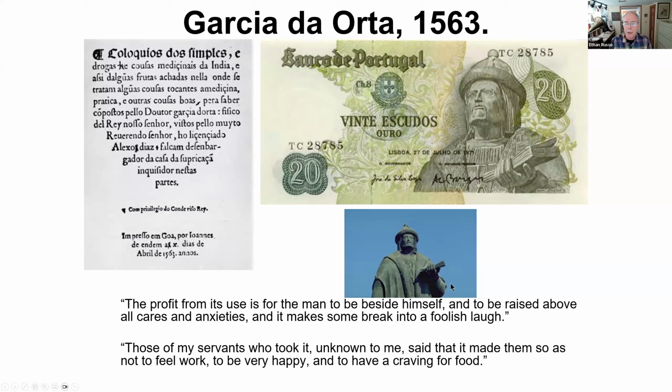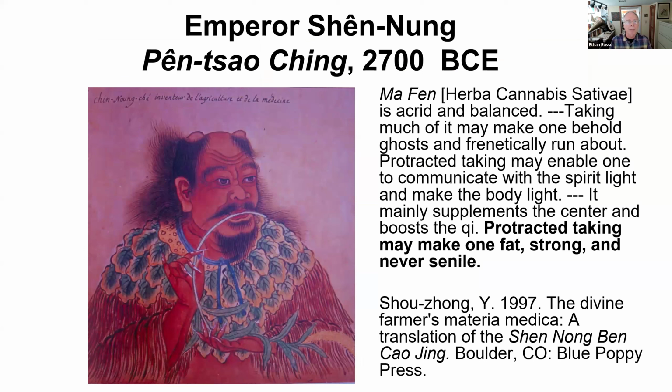But he was redeemed, and this is a statue in Lisbon of him outside the public health ministry, I believe it is. Now we're going to go hither and yon around the world in space and time.